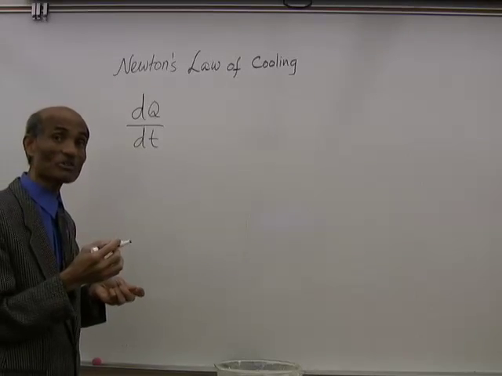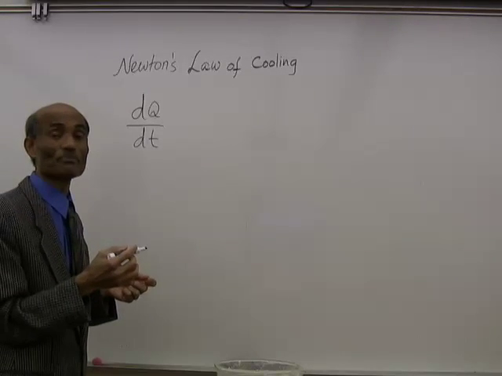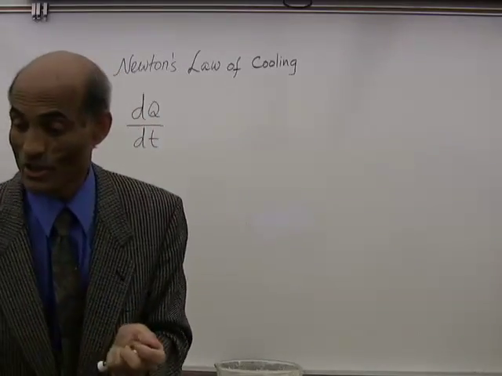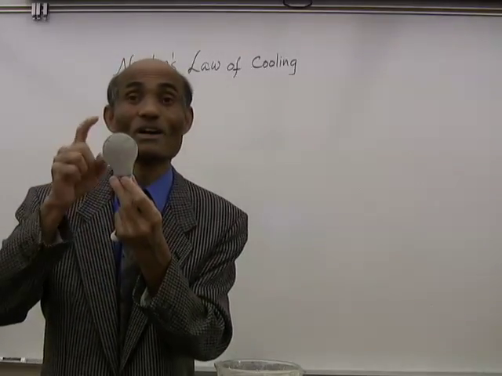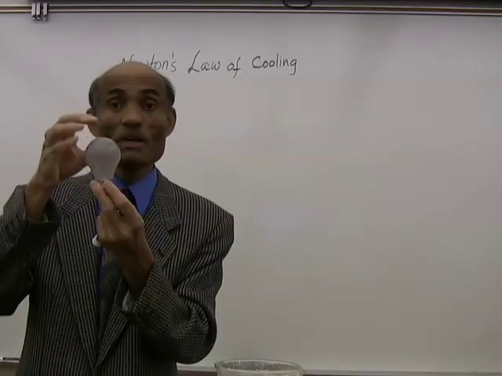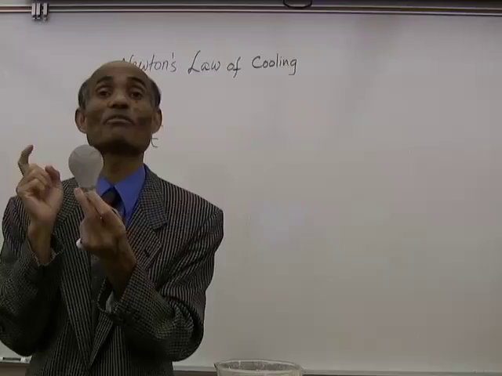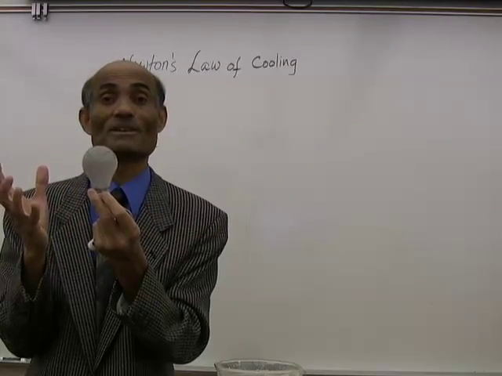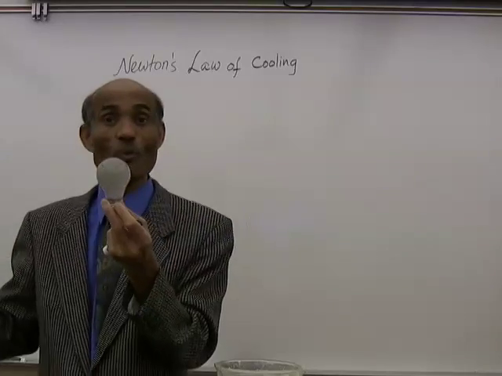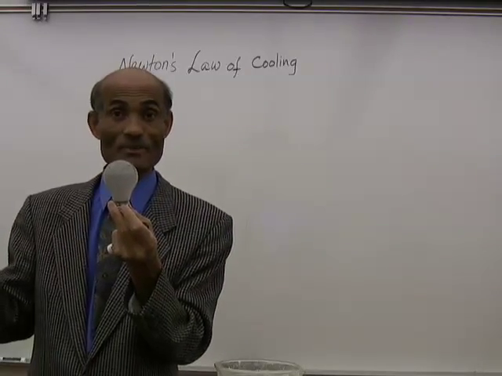Now, what are the factors on which it depends? First of all, it depends on the temperature of the cooling object, because the hotter an object, the faster it will cool down. Is that right? Yes.